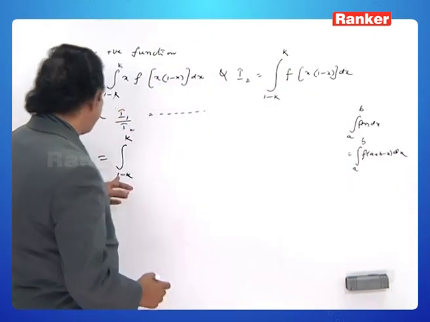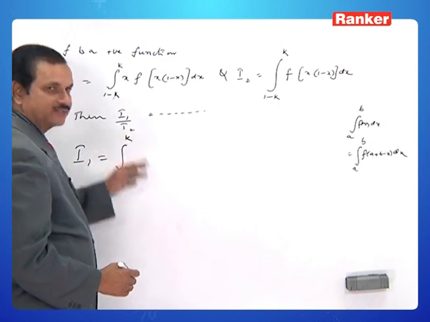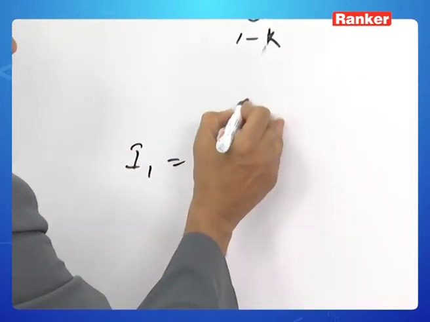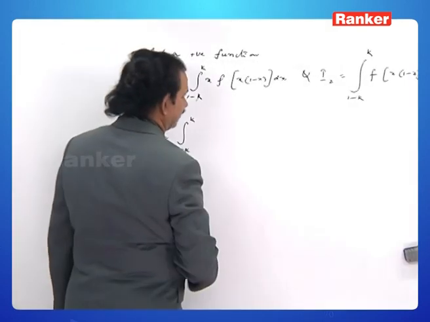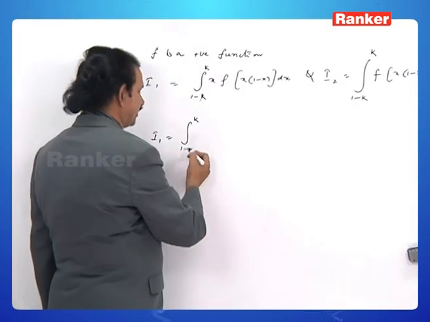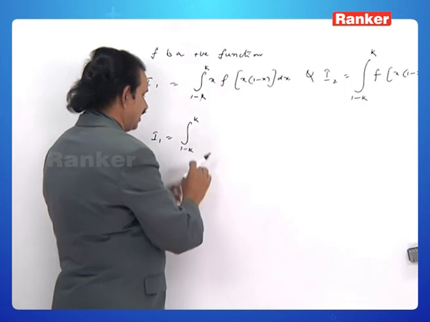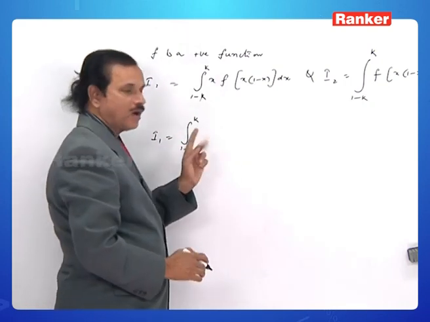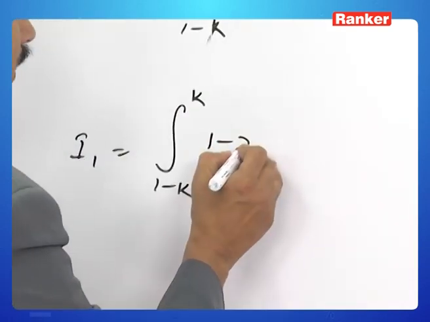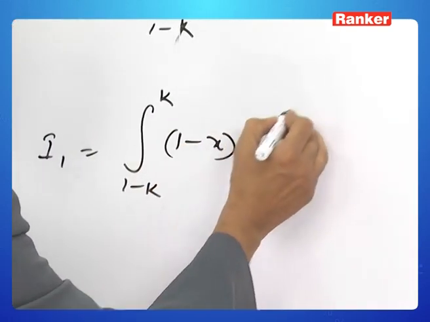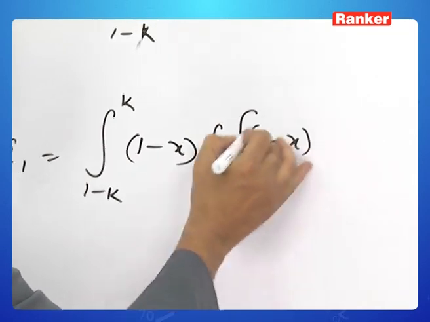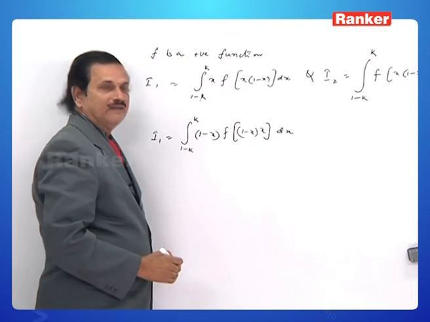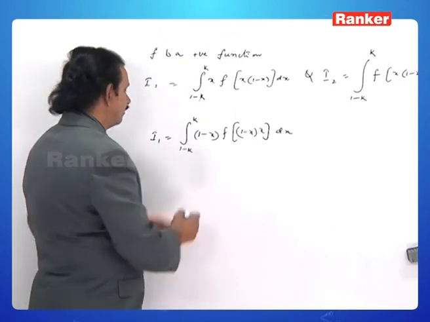Now if you consider a as 1 minus k and b as k, I1 is equal to integral 1 minus k to k. Well, in the place of x, I like to put a plus b minus x. a plus b is 1 minus k plus k, which is 1, so 1 minus x. So it is 1 minus x into f of 1 minus x into x dx.